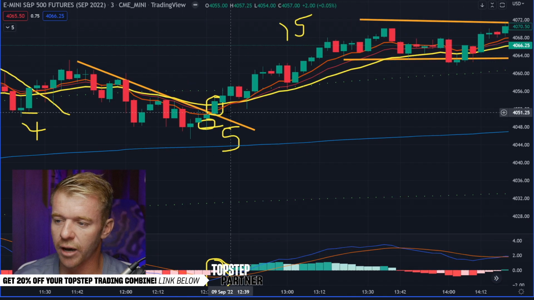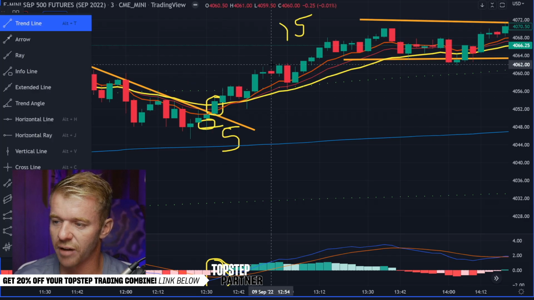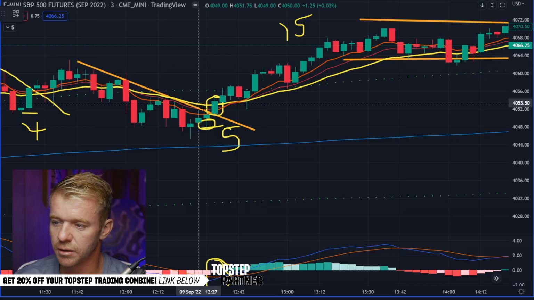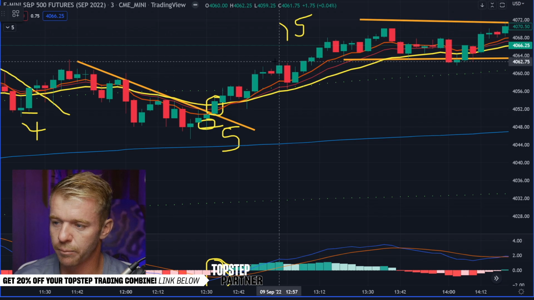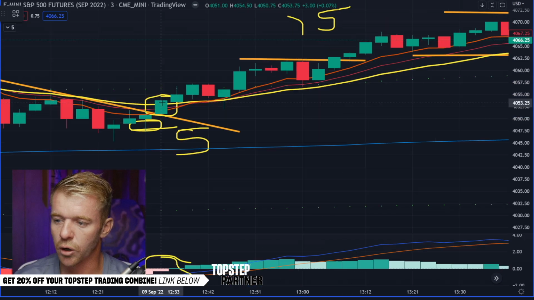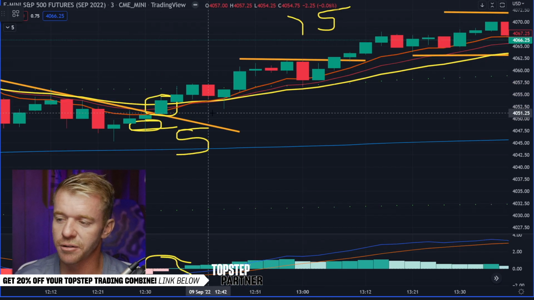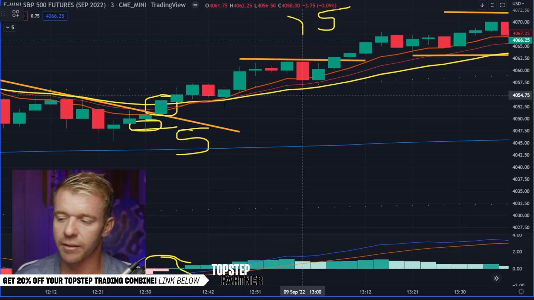So on this, we entered here and let's say we get a first move up, we take some profit. Our first profit target's 10 handles. So from the 52s, we push up here to the 62s. Perfect. We take profit there. Once we get that push up 10 handles, let's move our stop to the low of that last pivot.